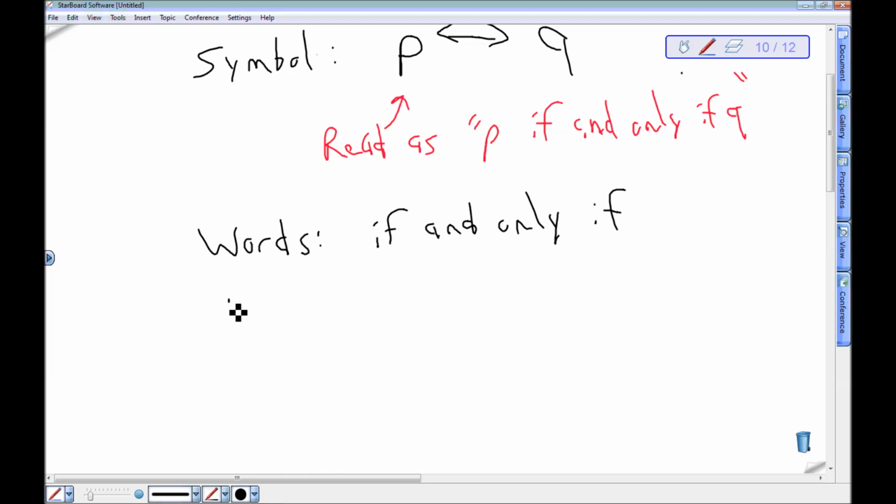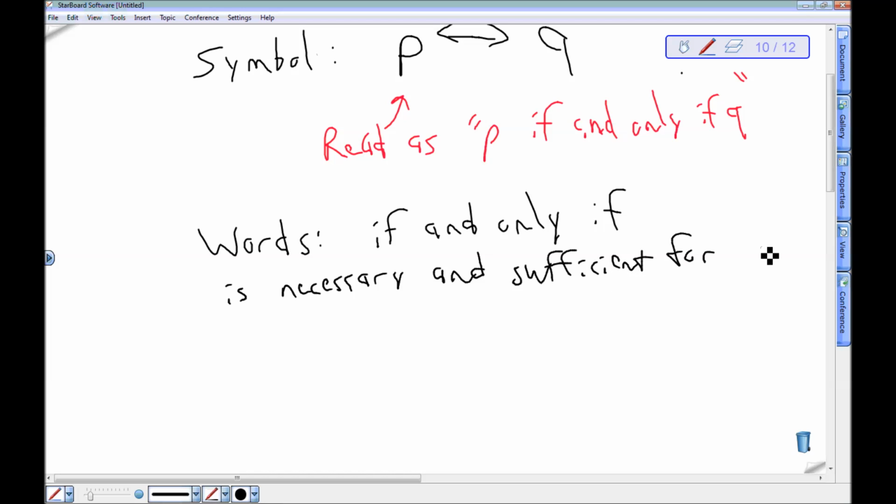We'll also use is necessary and sufficient for, or just necessary and sufficient. Again, both of these sets of words and the biconditional in general imply that the two things are linked. The two things have the same value. We could use these for definitions, and that would make sense.